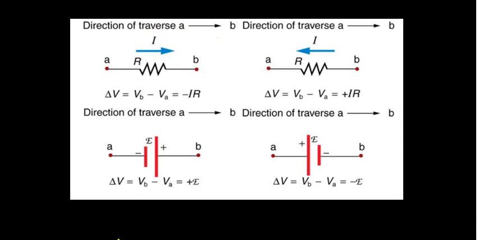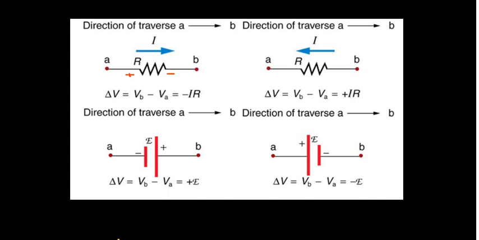So if I want to find the voltage difference through this resistor, it will be negative IR. It will be negative IR because simply here is the highest, here is the lowest, and that will be the negative voltage across this resistor.